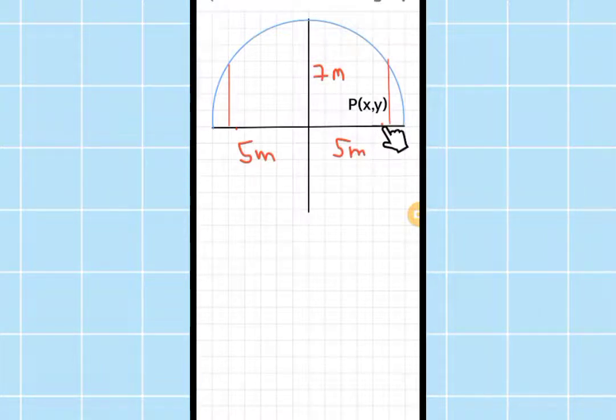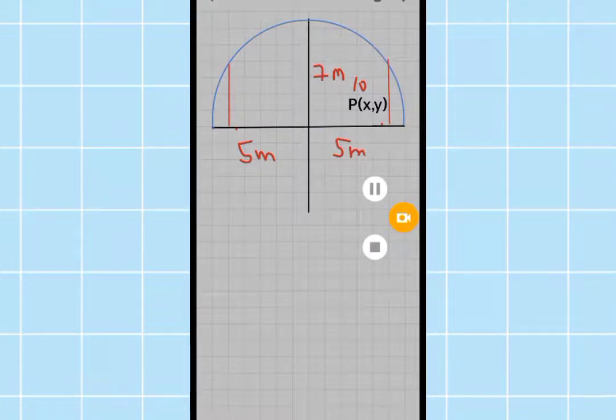Since point P(x, y) is aligned at the edge of the road, the x value of P is 5 meters. Therefore, we have the point (5, y). What is left to do is to find the value of y.